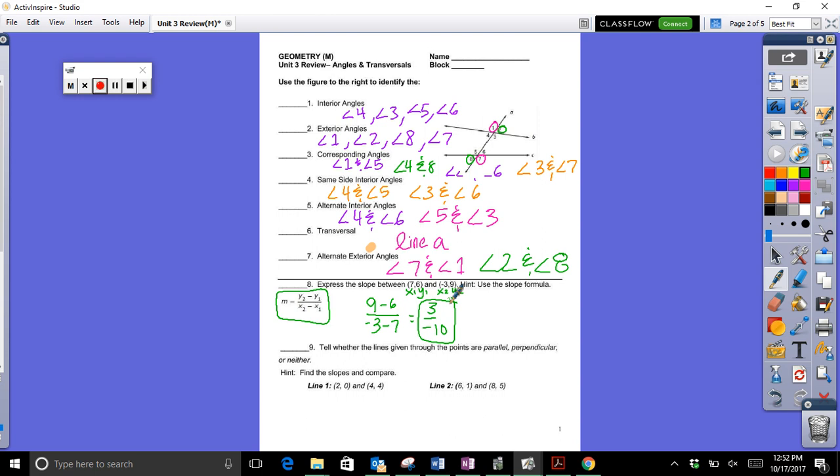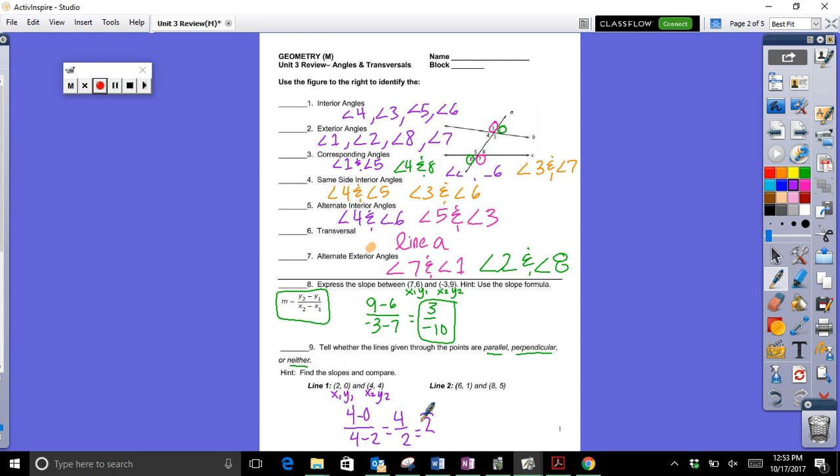For number 9, tell whether the lines given through the points are parallel, perpendicular, or neither. For line 1, we have to find the slope. So again, we label our points x1, y1, x2, y2, and we can say 4 minus 0 over 4 minus 2. That gives us 4 over 2, which equals 2.